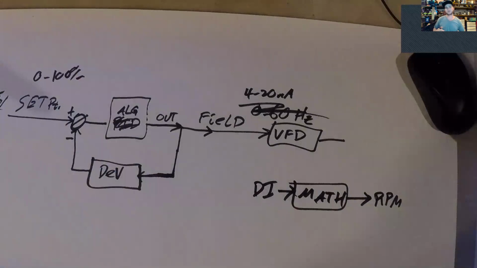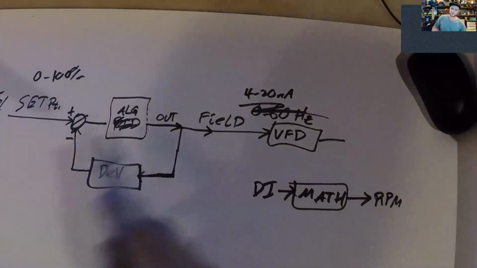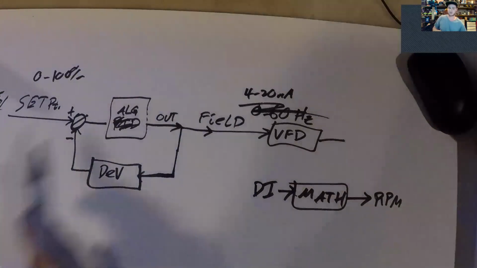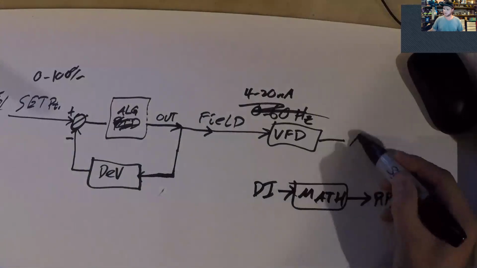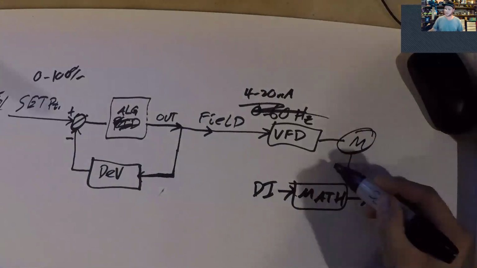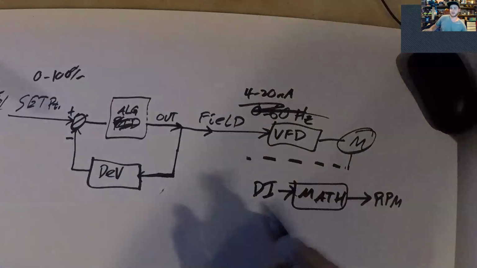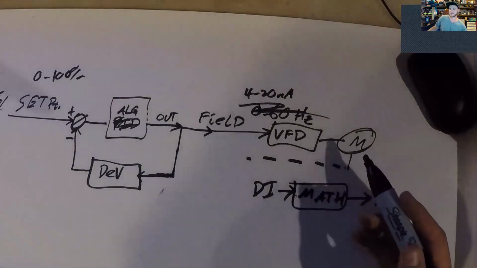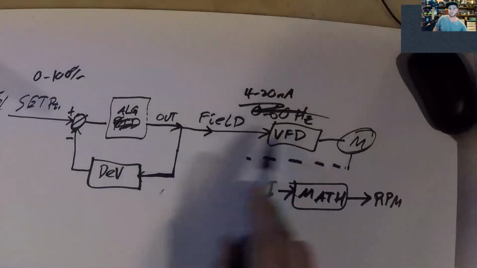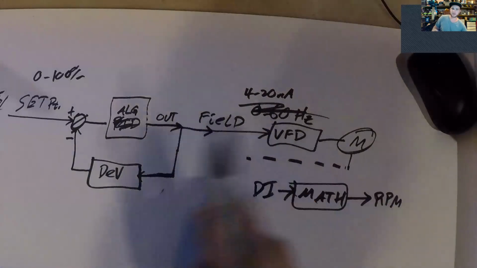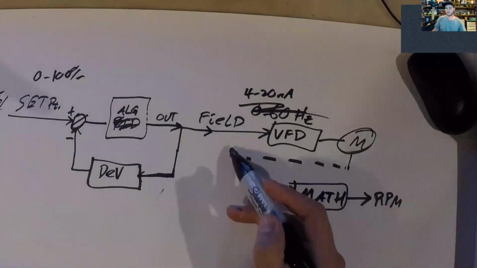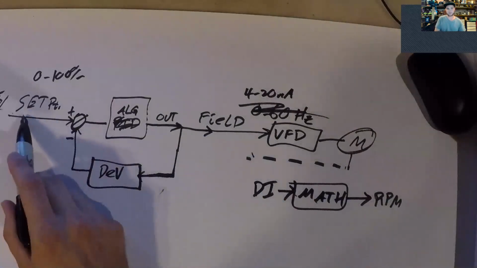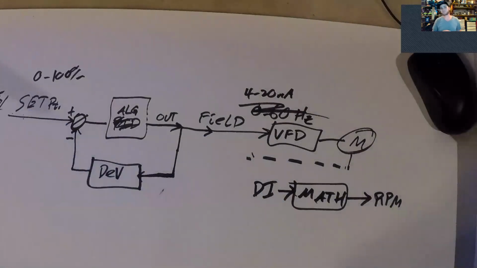It depends on your controller. But basically this control loop keeps running and keeps processing through this algorithm. And then it keeps measuring, at the end of the day, your motor speed as a feedback. And it's monitoring that. And so what it's doing is it's going to keep changing this output value in small increments until this motor speed that it's measuring matches the set point input from the user. Okay?